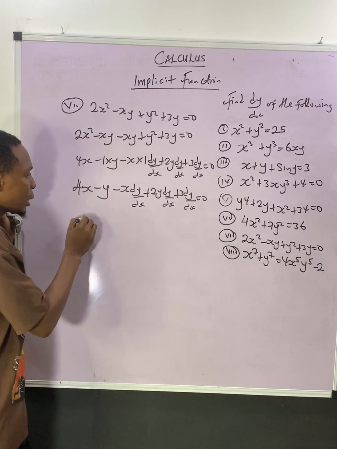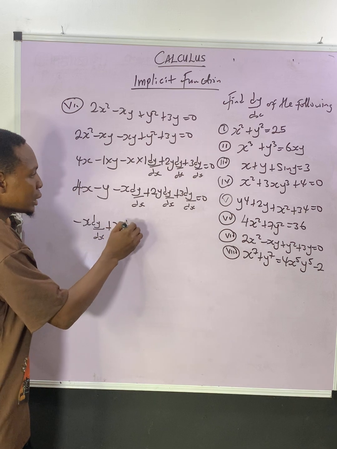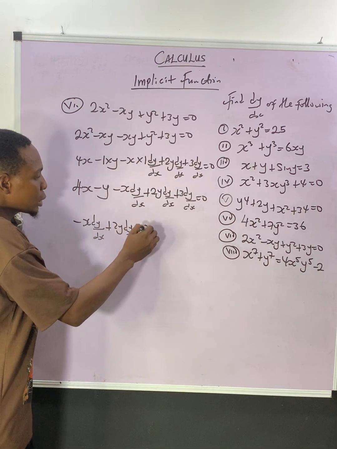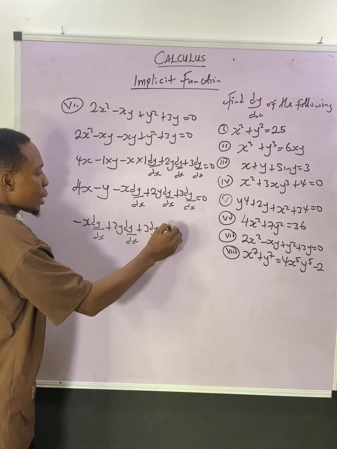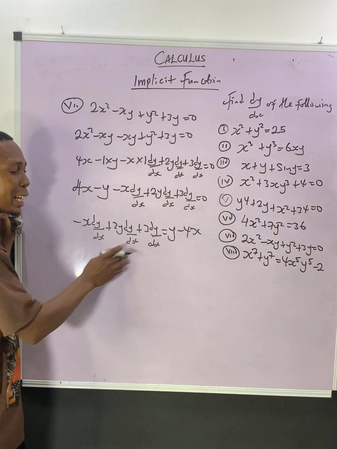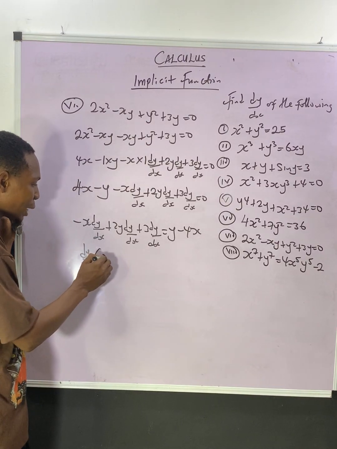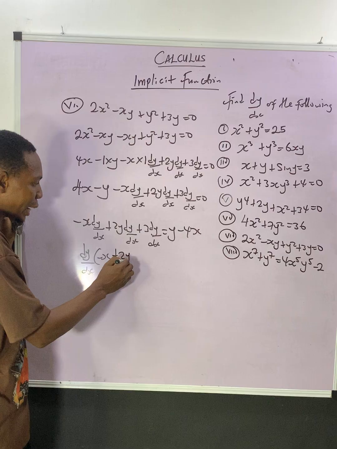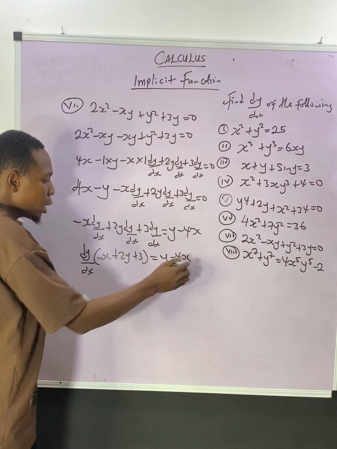Here we have minus x dy/dx plus 2y dy/dx plus 3 dy/dx equals, this one is crossing, y minus 4x. So dy/dx is common. If we factor out dy/dx, what should be left here? Minus x plus 2y plus 3, equals y minus 4x.